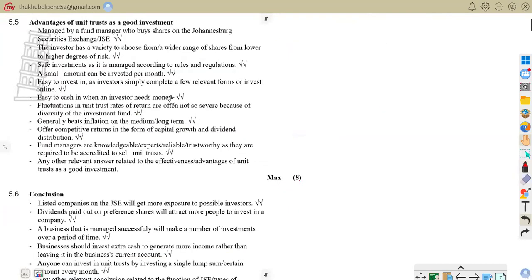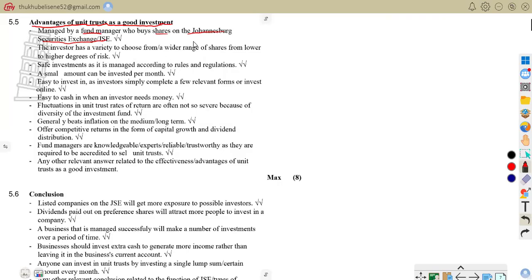So we are under the advantages of the unit trust as a good investment. It is managed by a fund manager who buys shares on the Johannesburg Securities Exchange.